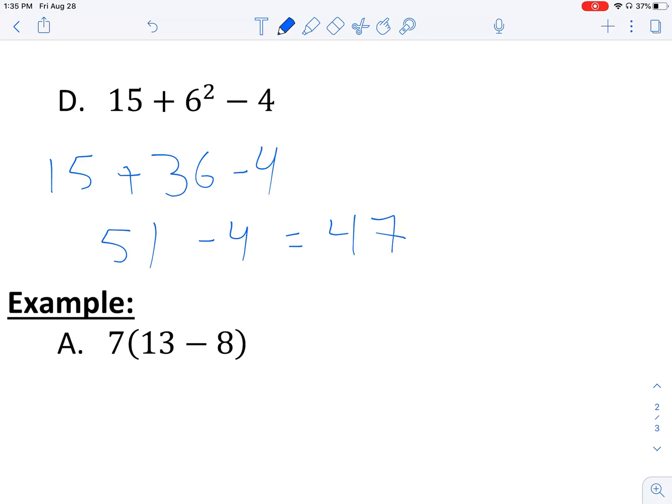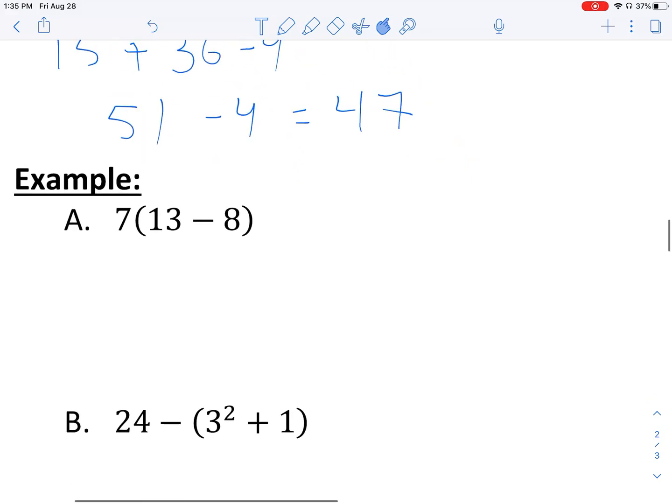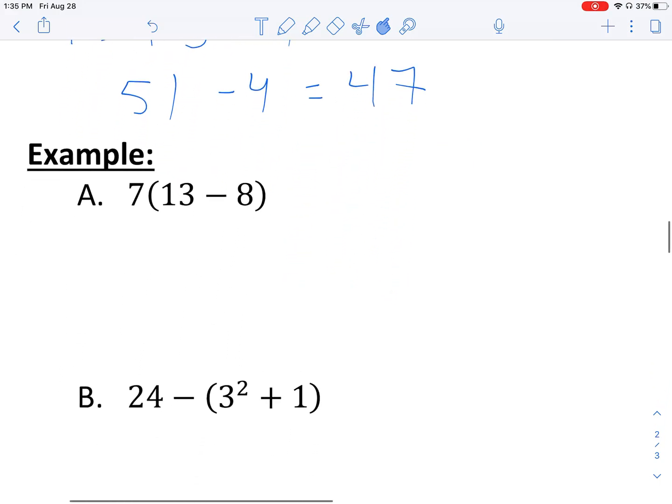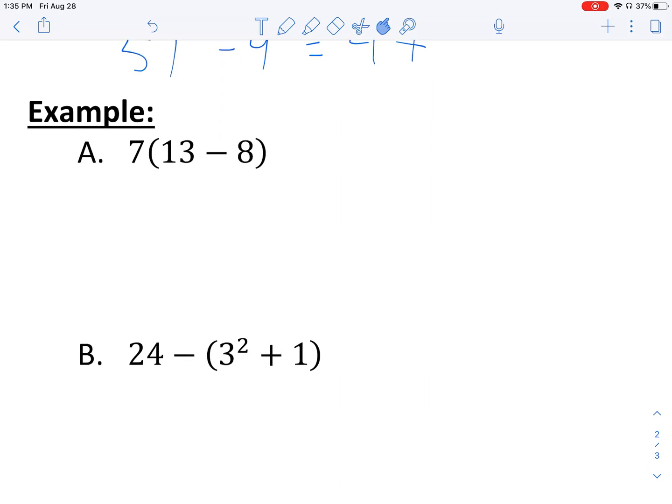All right, so the next thing you're going to see is simply the evaluation of an expression, but you're going to apply your order of operations. So in this case, you want to evaluate 7 outside the parentheses, 13 minus 8.